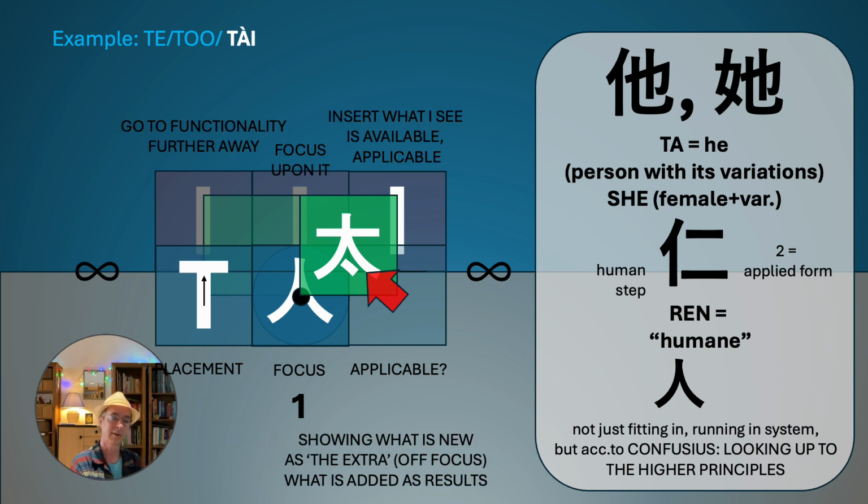So the T is functionally going further away. The run here was the focus, and I inserted what is available and applicable, but this extra focus is already taking me off guard, having more results than I anticipated, and I deal with it.